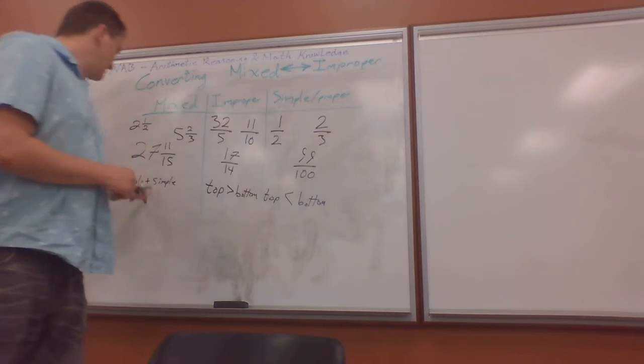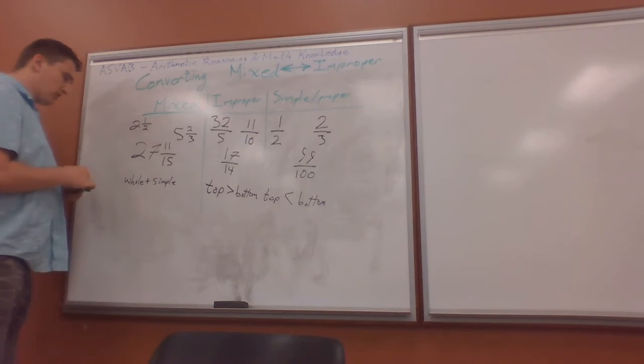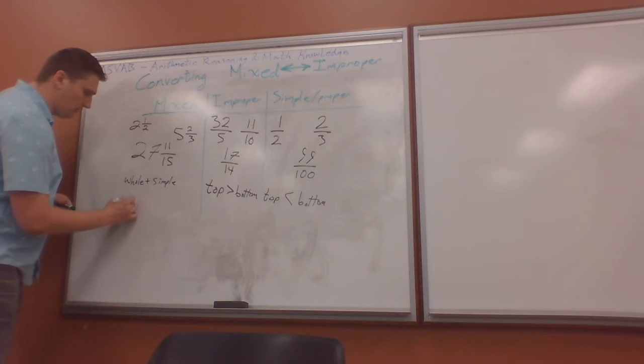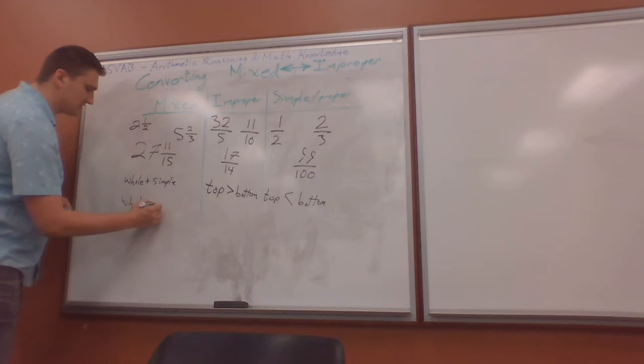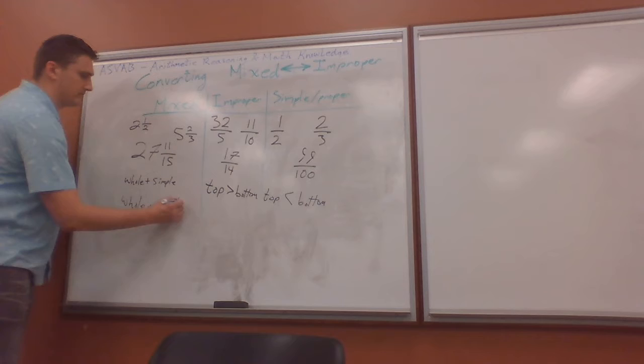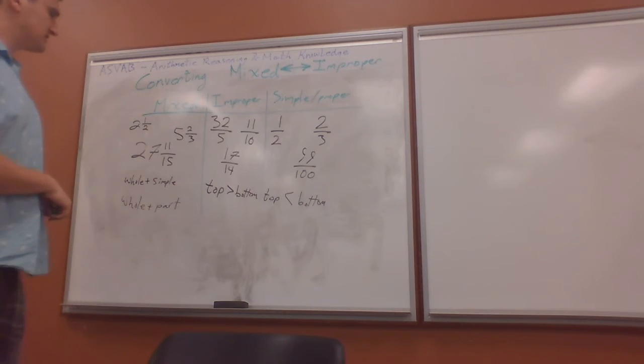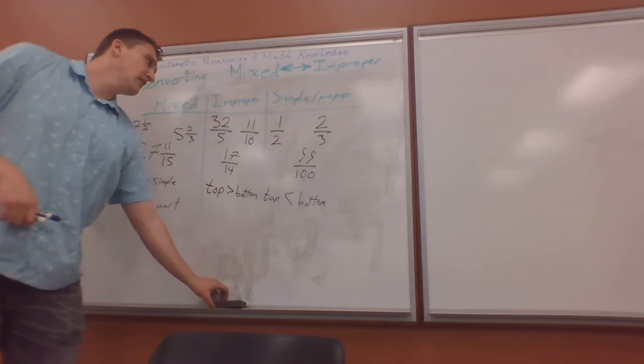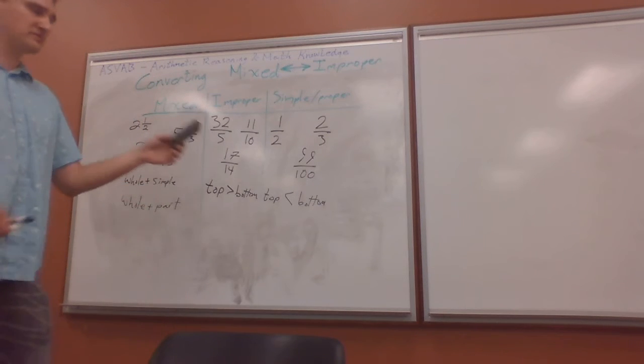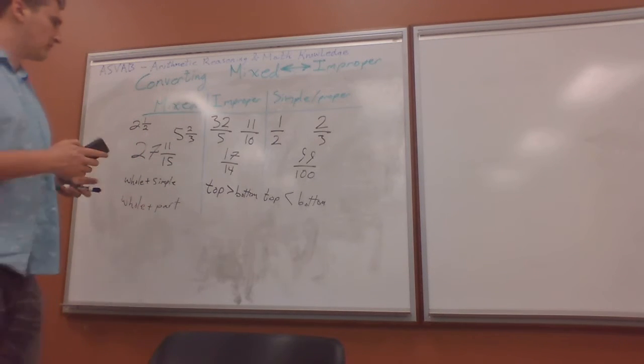So the mixed is a whole plus simple, or sometimes we think of it as a whole plus a part. That's another way we can think about it. So maybe pause this, maybe write those things down, have some examples to compare it to before we start.